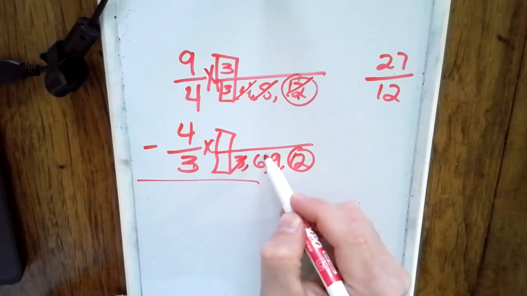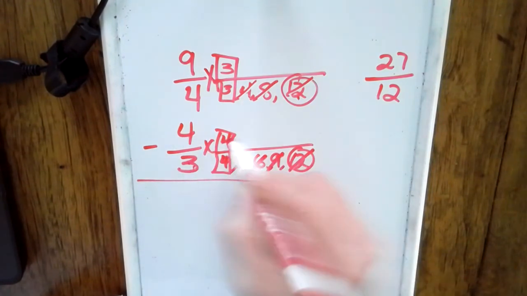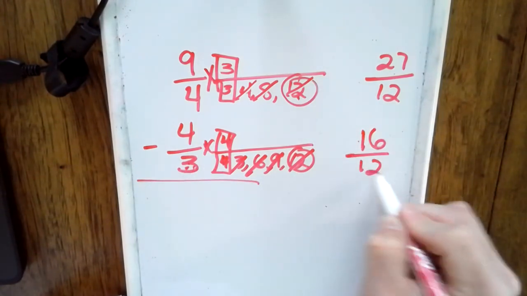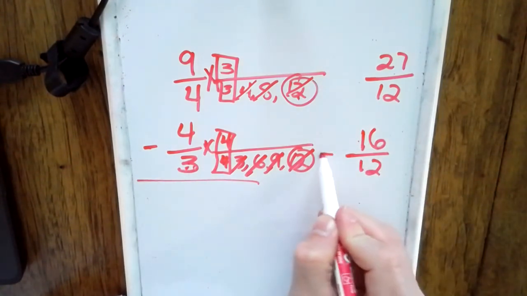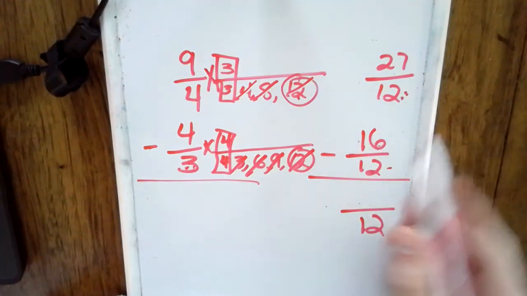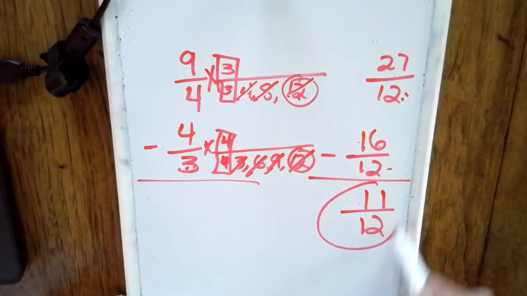On the bottom, we used 4 numbers: 4 times 4 is 16, and 3 times 4 is 12, and our sign is subtract. We know our last name, or our denominator, will stay the same. It's going to be 12. 27 minus 16 is 11. The answer here is 11/12.